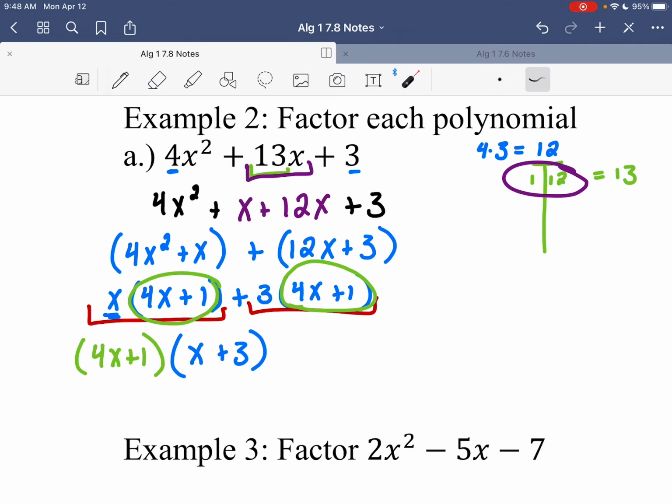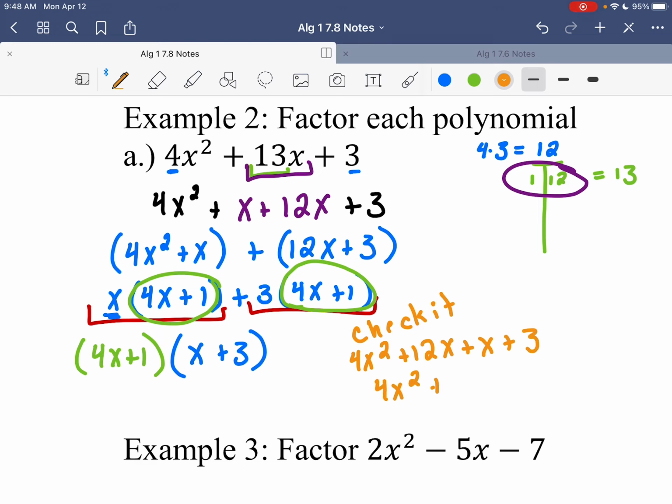If I multiply 4x plus 1 times x plus 3, I should get back to where I started. We always want to check it. Let's distribute this out. We get 4x squared plus 12x plus 1x plus 3. 12x plus 1x is 13x, plus 3. Yep, it worked. It got me back to where I started.